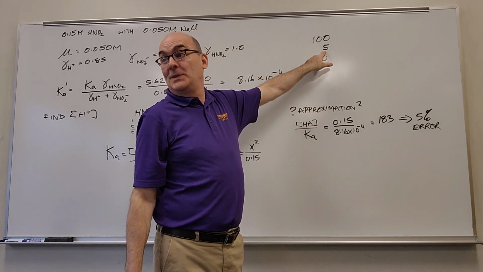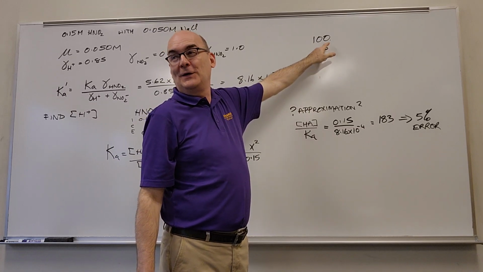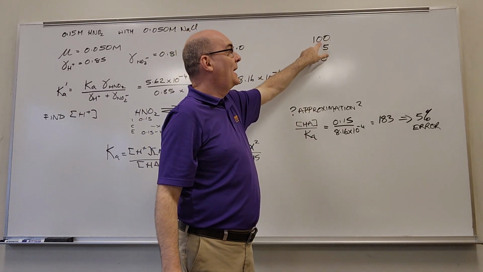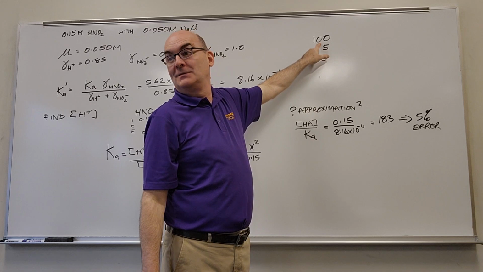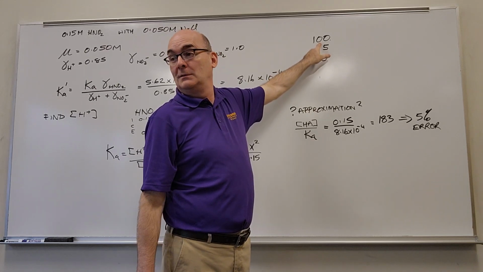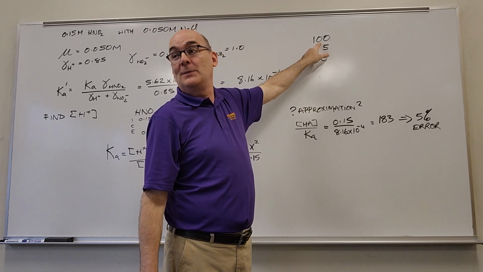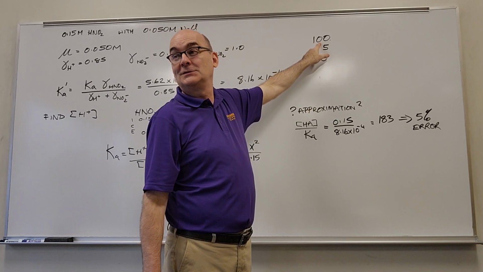If my number's 4%, it's not going to impact my answer at all. At 5, it might change that digit plus or minus. I'm going to let it slide. I have two significant figures. Am I working with really precise numbers? With two significant figures? No.